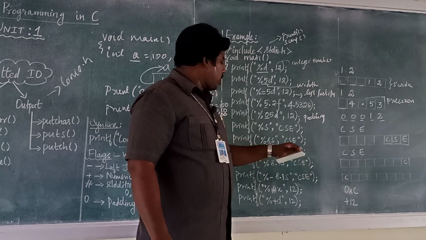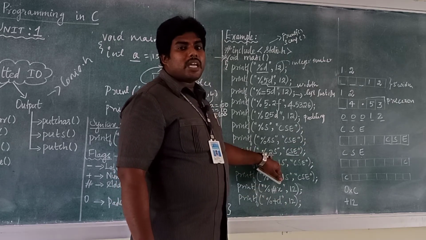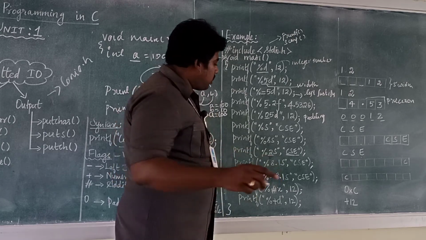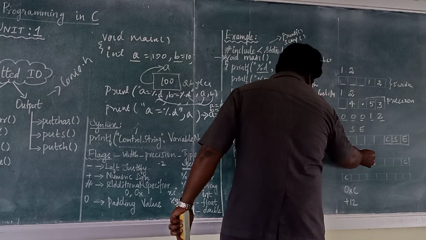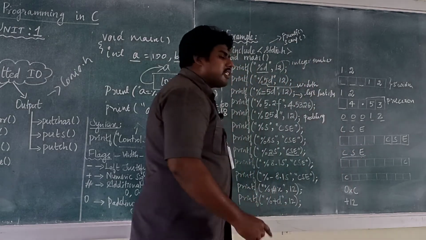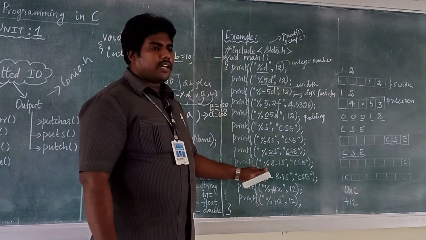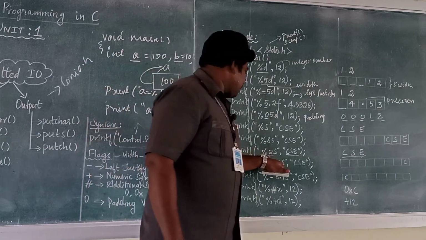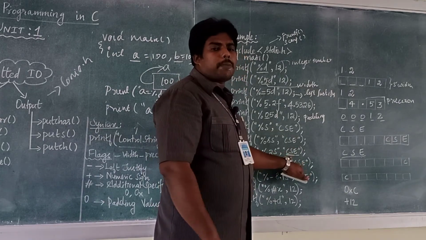If it is 3, your input will take 3, even though it is a 2 width, because width and flag are optional. So even if you give 2, it takes size 3. Your width is the minimum. Even if you give a smaller size, it will take the larger size depending upon the input.